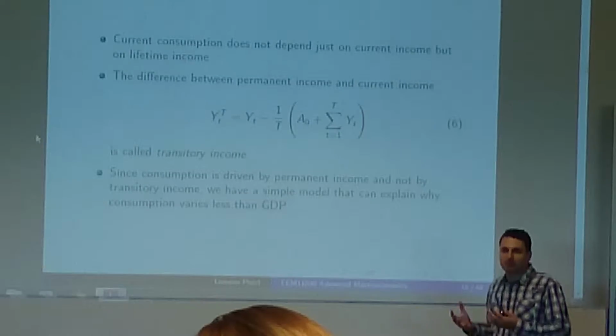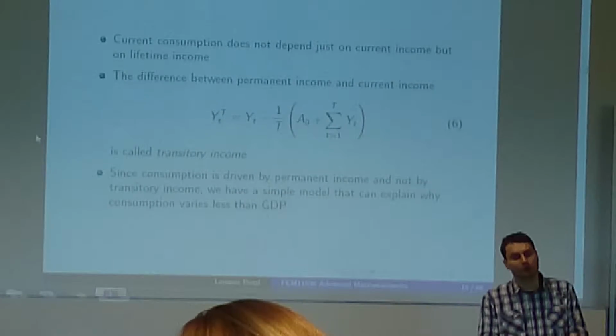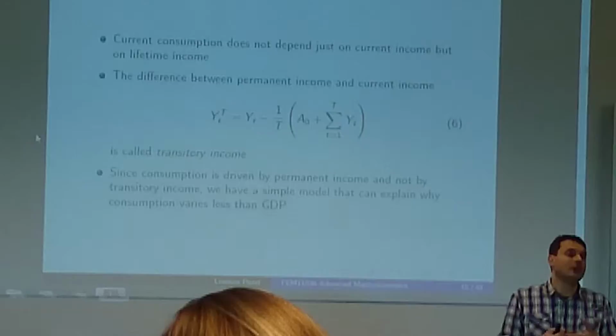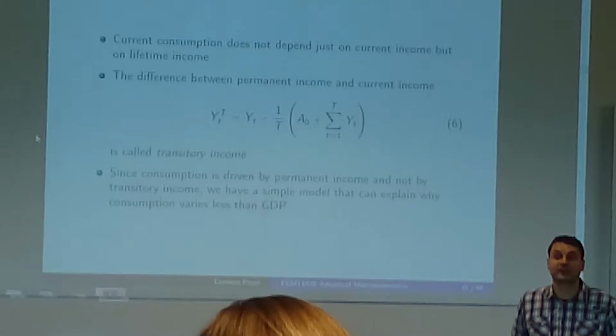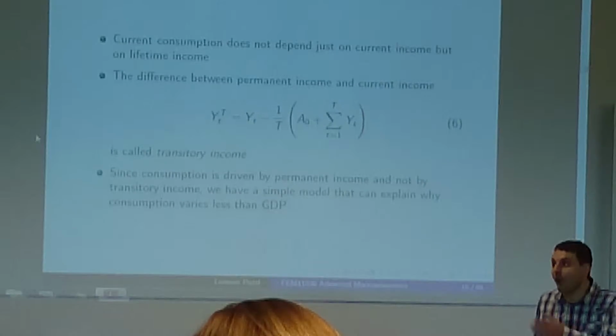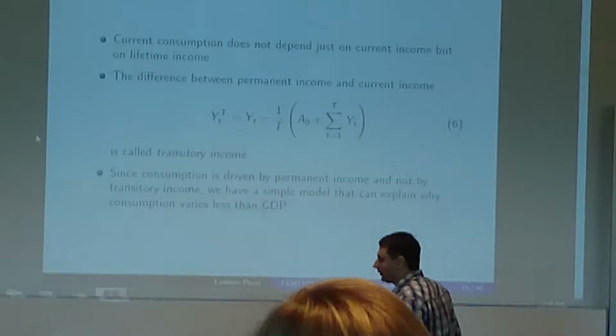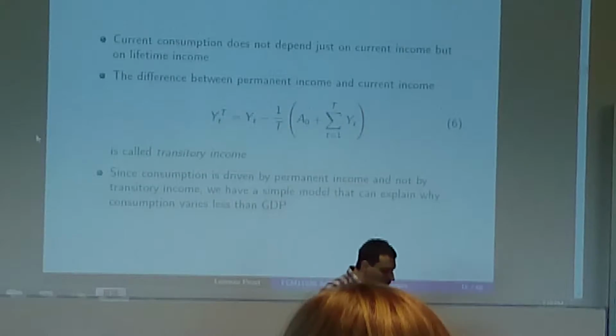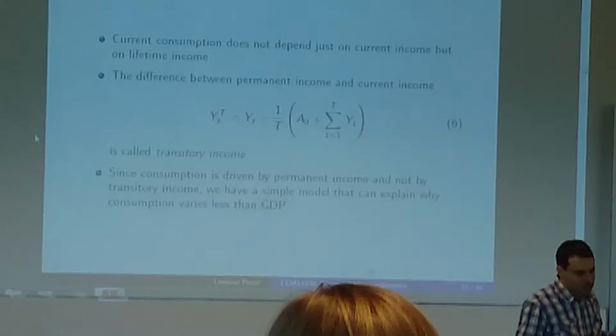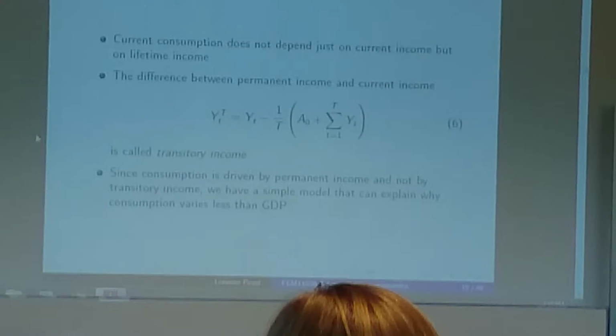So this simple model, where consumption is based on permanent income, already provides us with an explanation for what we saw at the beginning of the lecture. Remember, I showed you the figure where we could see that consumption is much less volatile than other GDP components. I told you that consumption is much less volatile, for instance, than investment.